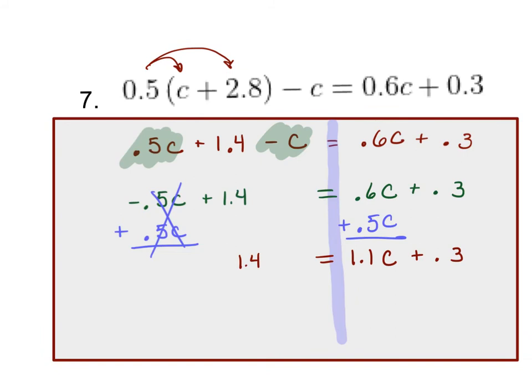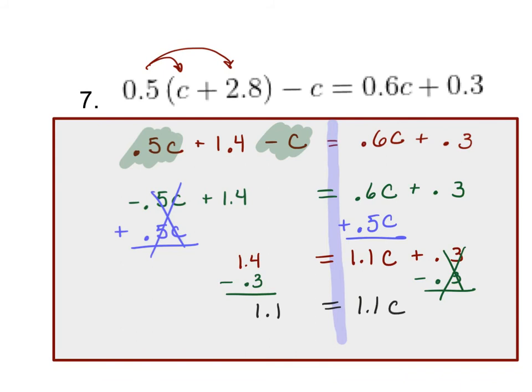I'm going to move that number, that 0.3 now, away from the c side, the right-hand side, by subtracting 0.3. And they cancel each other out. And I have to do the same to the left-hand side. On the left-hand side, 1.4 minus 0.3 is 1.1. And on the right-hand side, I'm only left with a 1.1c.